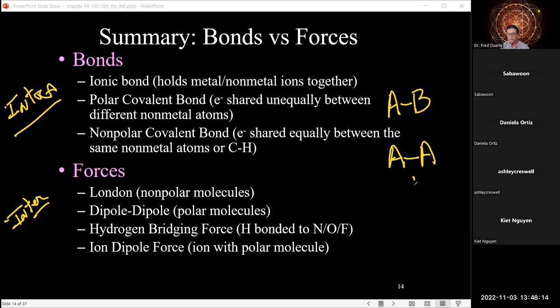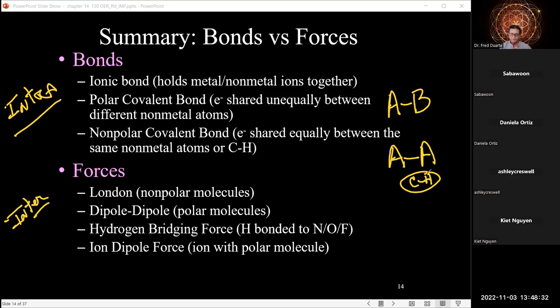And even though carbon hydrogen is more in the lines of an AB example, because the electronegativity difference between carbon and hydrogen is not much to speak of, it is nonpolar, so it's treated as an AA example.